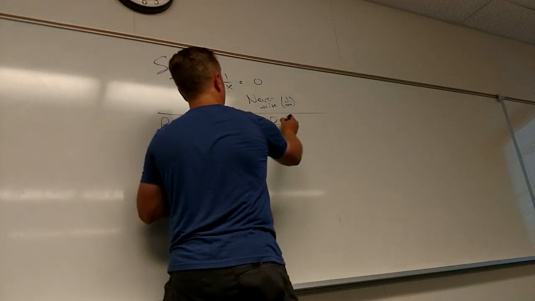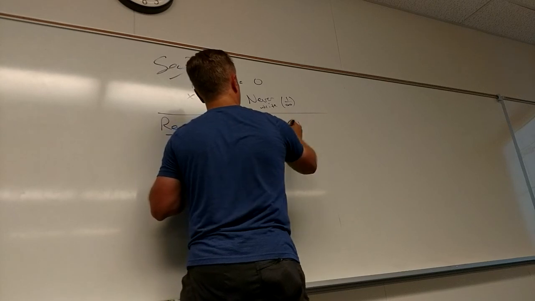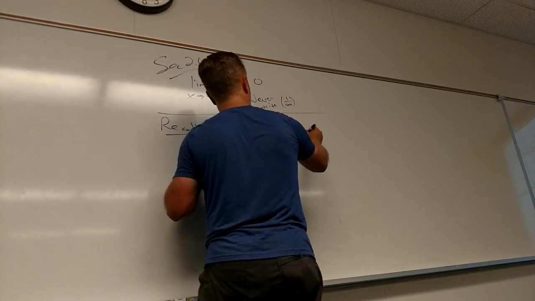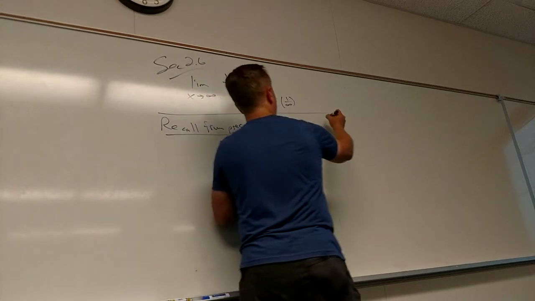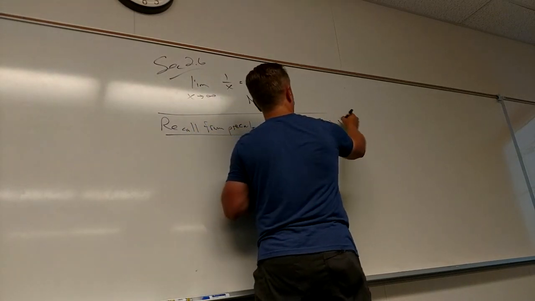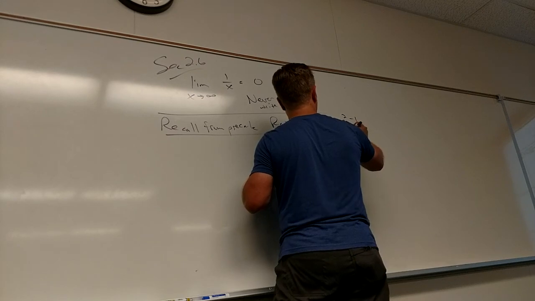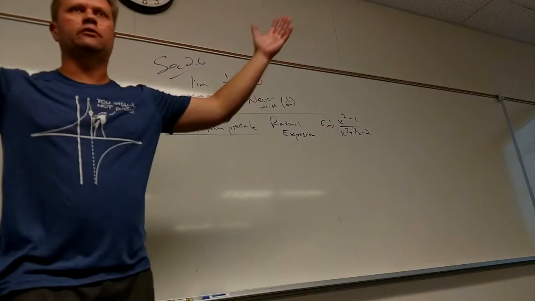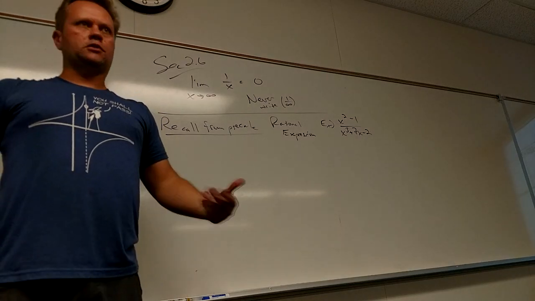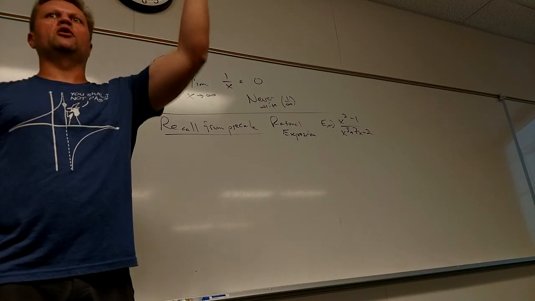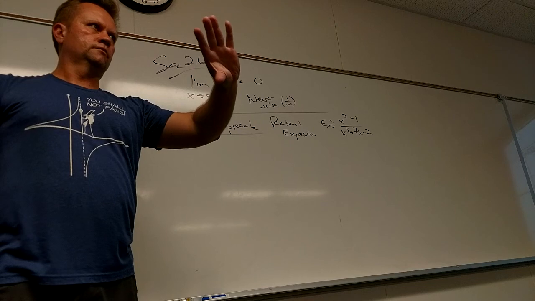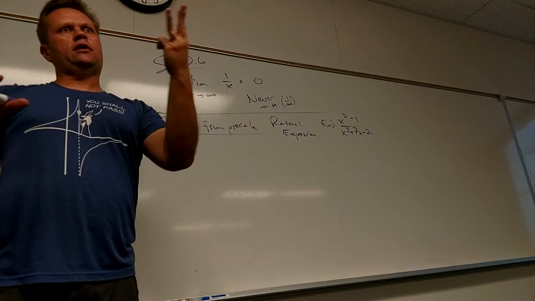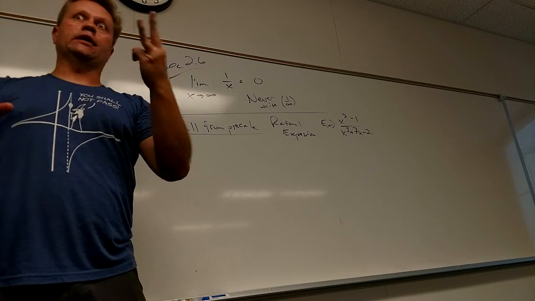If I have a rational expression, for example, x squared minus 1 over x cubed plus 7x minus 2, there's an example of a rational expression. A rational expression is officially a polynomial over a polynomial. If I have that, there are 3 cases for possible horizontal asymptotes.